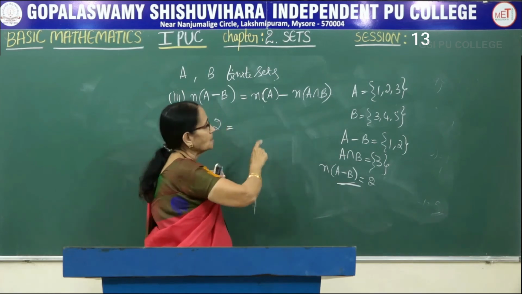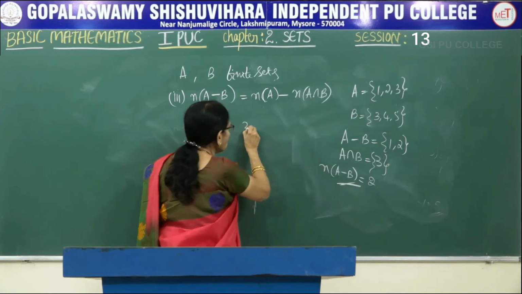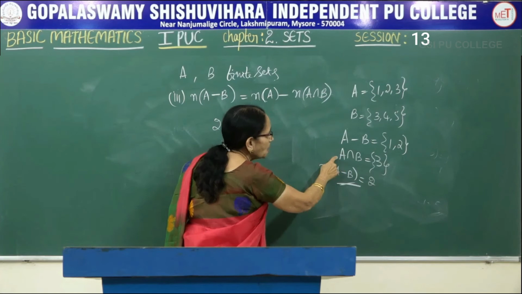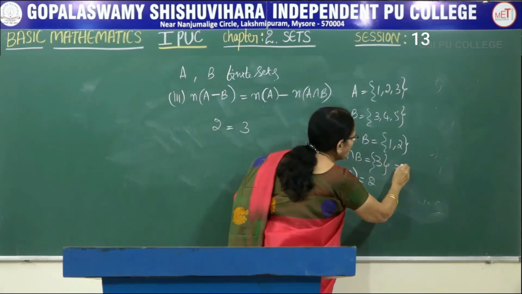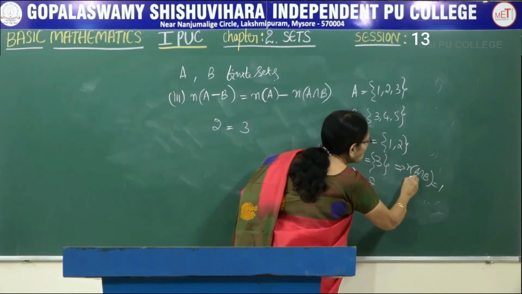Now, take the right hand side. N of A means the number of elements in A, which is 3. And A intersection B is {3}, which implies N of A intersection B is equal to 1.